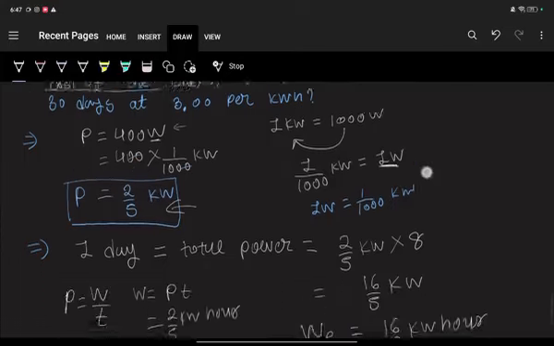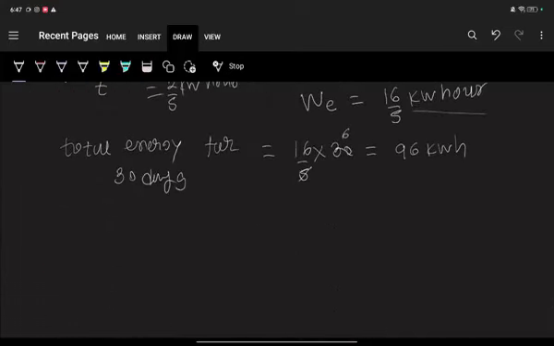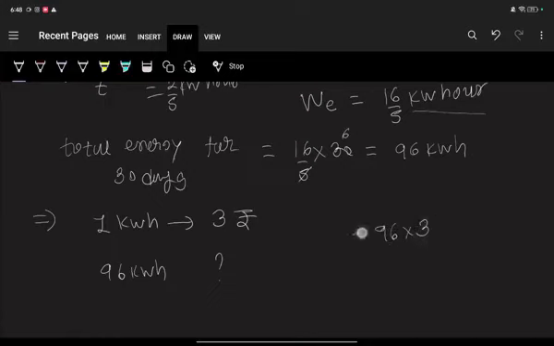I got that wrong. For 1 kilowatt hour, the value is 3 rupees, right? So for 96 kilowatt hour, its value will be what? That we need to find. It is simply 96 into 3, which will give us 288 rupees. So that will be our answer.